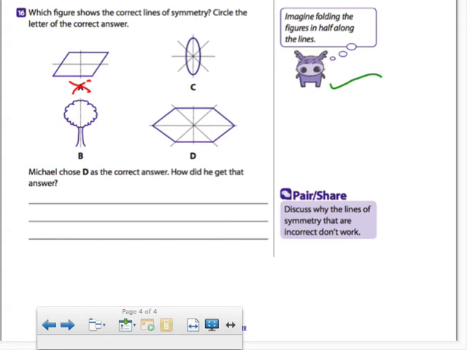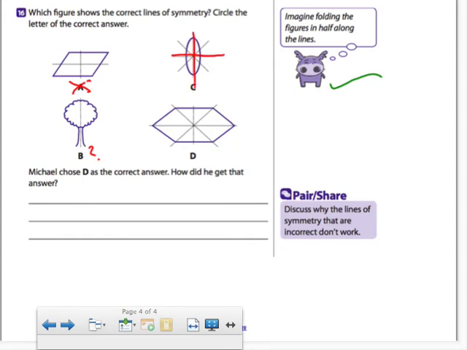So sorry, no good A. Let's look at B. Are both sides exactly the same? It kind of looks like it is. We're going to keep B for now, okay? How about C? Well, C is one of the kinda right ones. It's kinda right because this line and this line are okay.